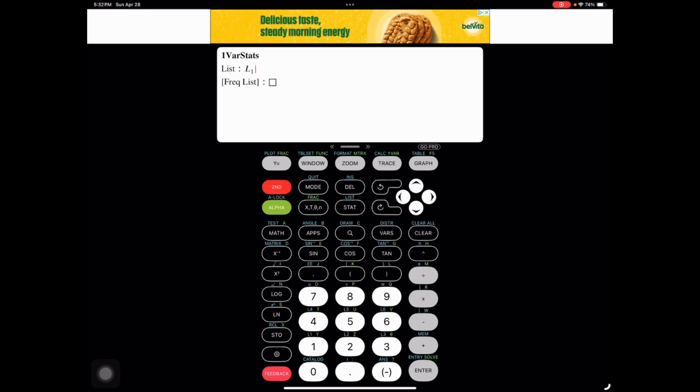So second, you'll put L2 in there instead of L1. And you can just delete that. Then you'll calculate it a second time, but it'll use all the data in L2. So at this time, please pause the video, enter your two data lists into L1 and L2, and calculate your 5-point summaries. I would suggest you go back to your notes from yesterday to help you do this.